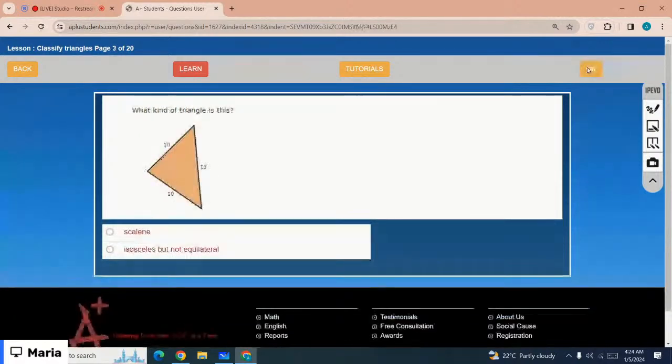The next one: what kind of triangle is this? Scalene, isosceles but not equilateral, which is the correct option?